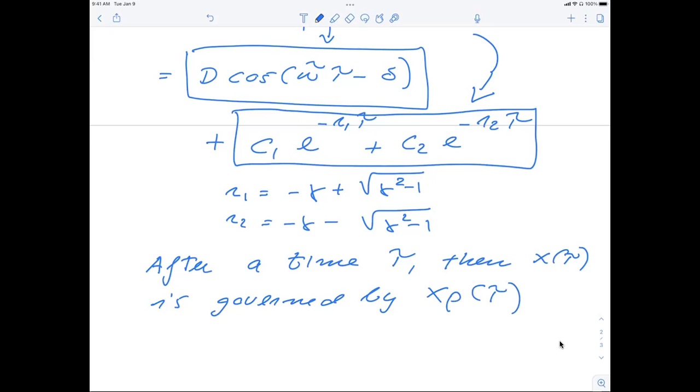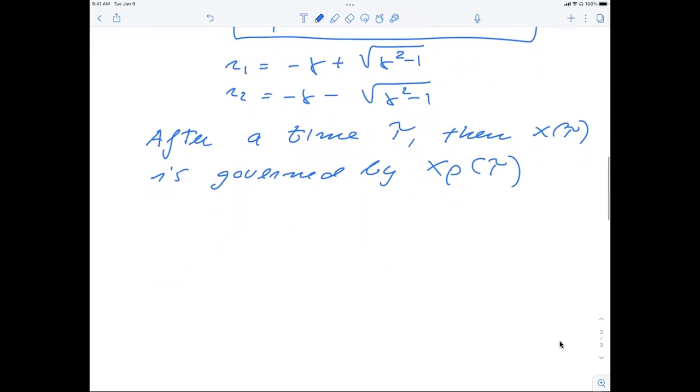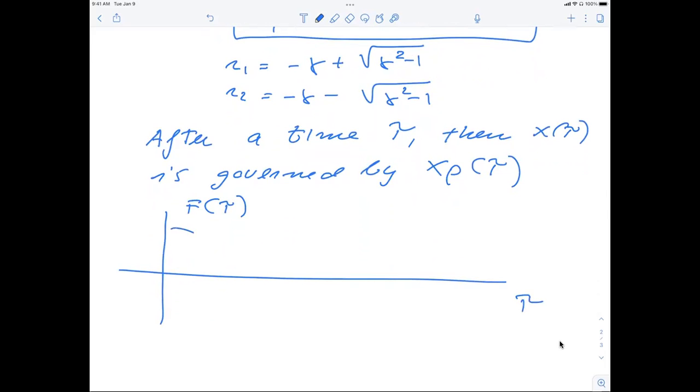So if we take a look at what we might expect when we look at these solutions, if we now look at this applied external force, F of tau, and we put it as a function of tau here, this is a regular term, so it's a cosine in our case, so it looks like this. And this would repeat itself with a given period.